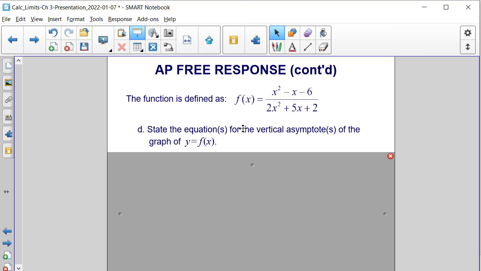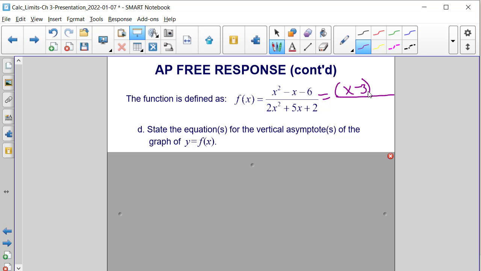State the equation or equations for the vertical asymptote or asymptotes of the graph y equals f of x. Well, we know in previous sections of this question that the numerator and denominator can be factored. We had it written as x minus 3 times x plus 2, and then we had 2x plus 1 times x plus 2.